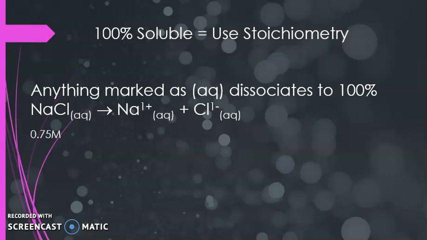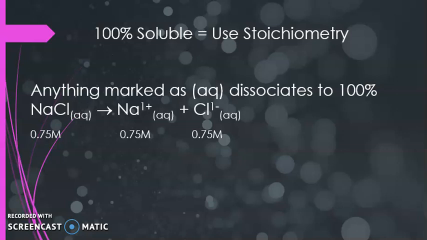So I'd really like to know what the concentrations of the ions are on the other side. Well, if it's a 1-to-1 molar ratio between NaCl and Na, and between NaCl and Cl, then I can assume that both of those ions at the other end are also going to maintain that 0.75 molar.